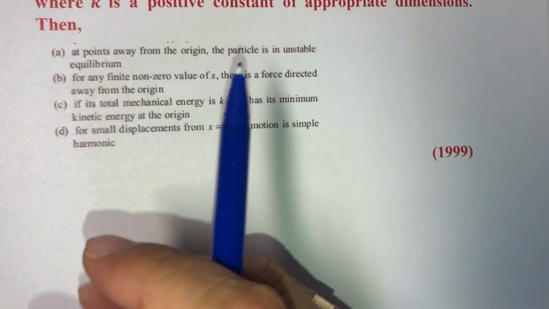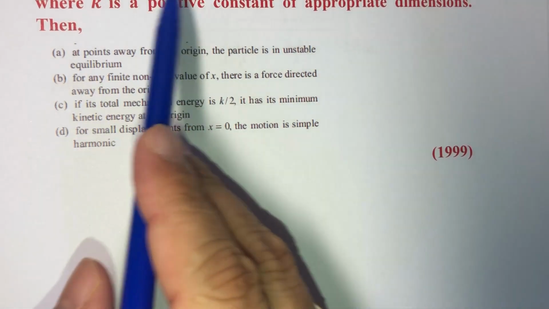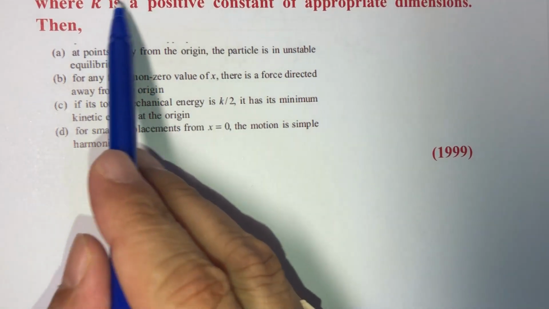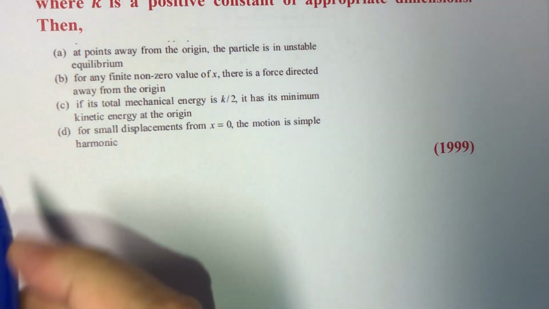So we are going to take these options one by one and try to find out what each means according to the given equation, and from there we will derive the conclusion whether that statement is true or false.